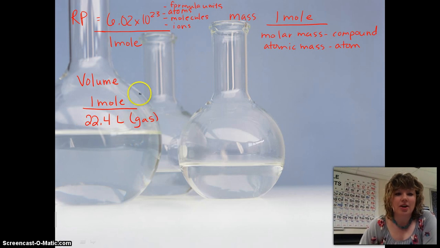Okay, and this is Avogadro, he proposed the theory that no matter the size of the particle, whether it be a really big gas particle or a really small gas particle, there would be the same number of gas particles if it was at the same temperature and the same pressure. And he calculated that 1 mole would be equal to that 22.4 liters.